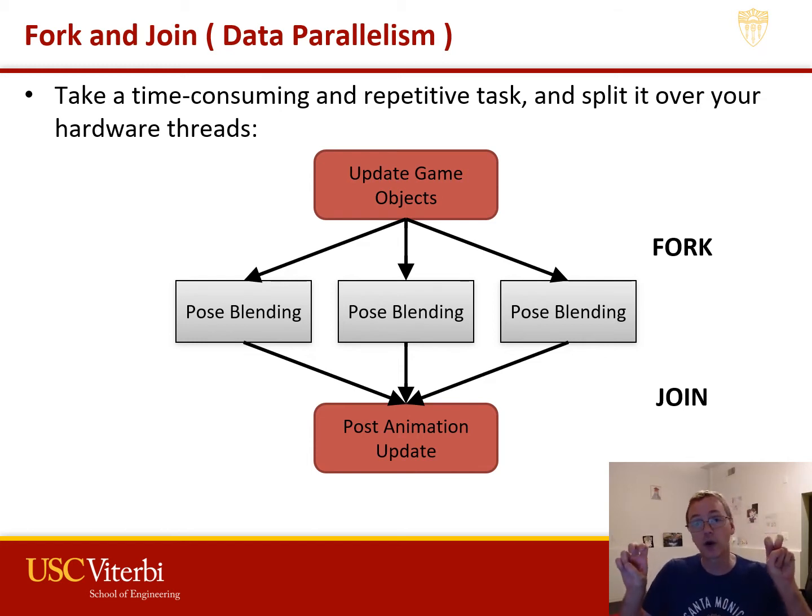fork and join illustration, let's consider that idea of pose blending. We're in the animation system and we're going to blend between two poses. We've got the run cycle and the idle, and we're going to blend between them by some amount. That doesn't just happen for one character.